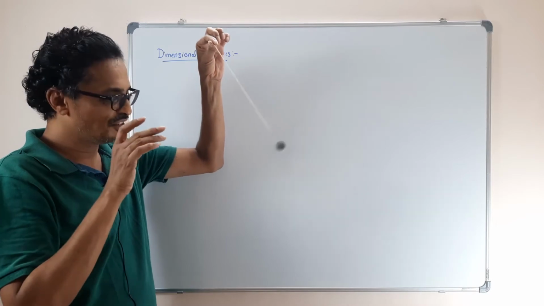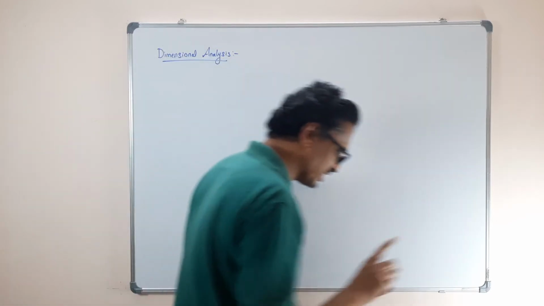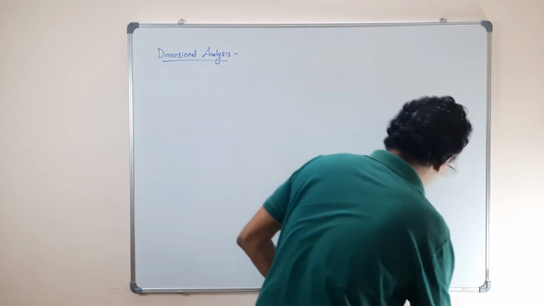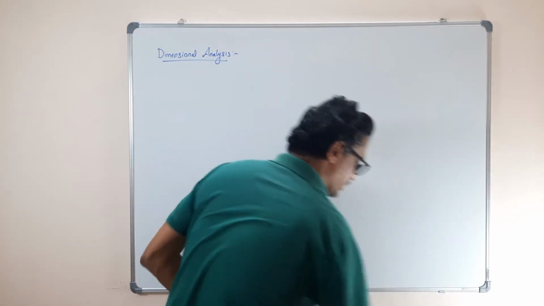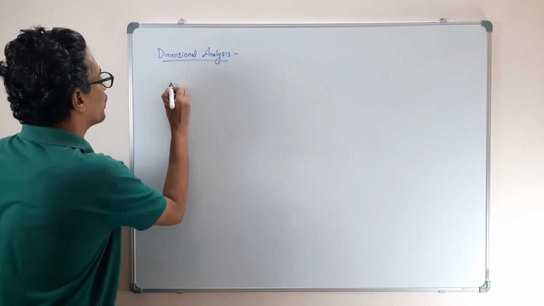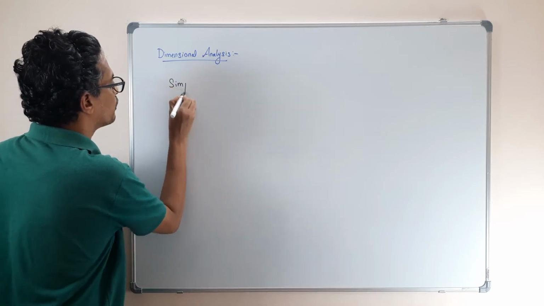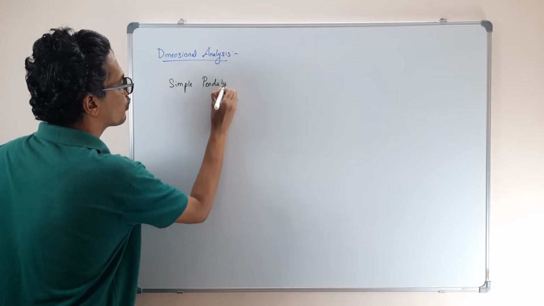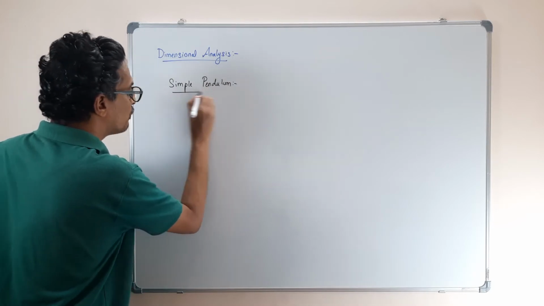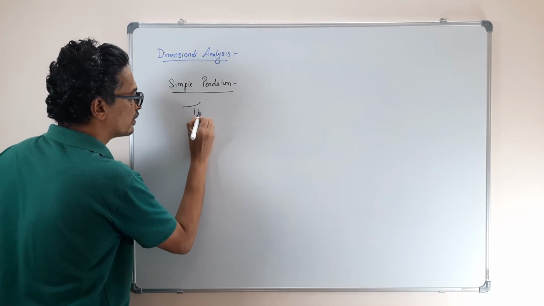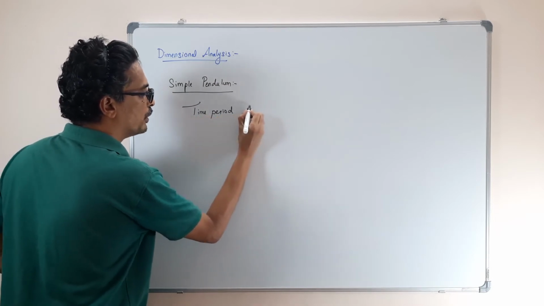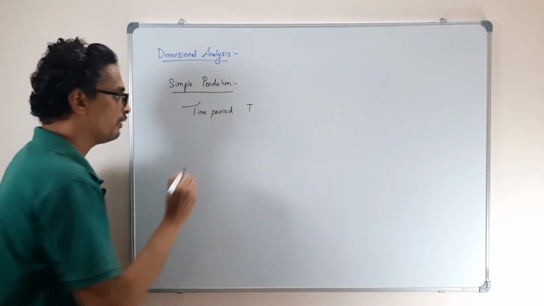So what I'm going to write is, for the simple pendulum, this is called a simple pendulum, I want to know the time period, which I am going to denote as T.